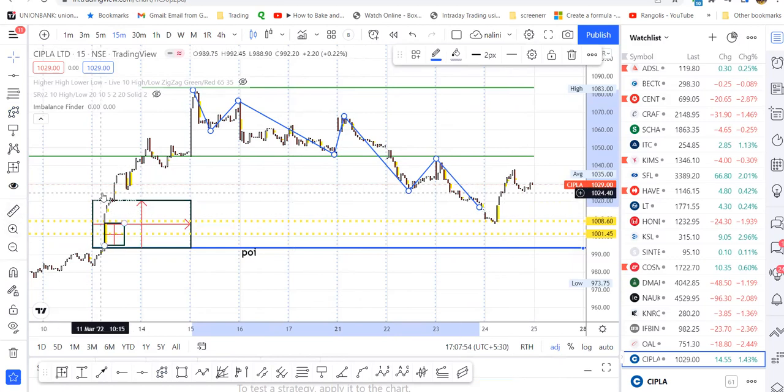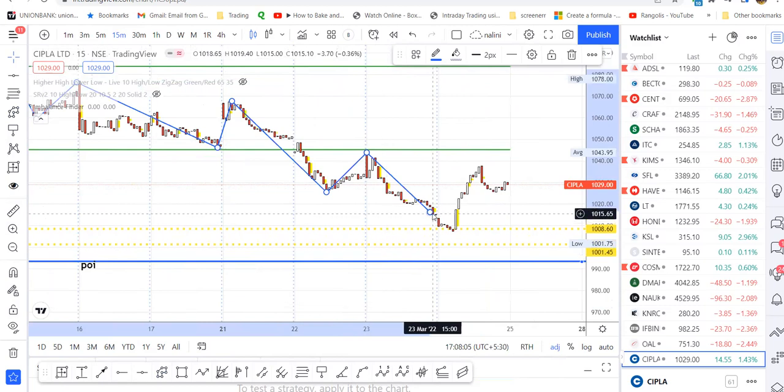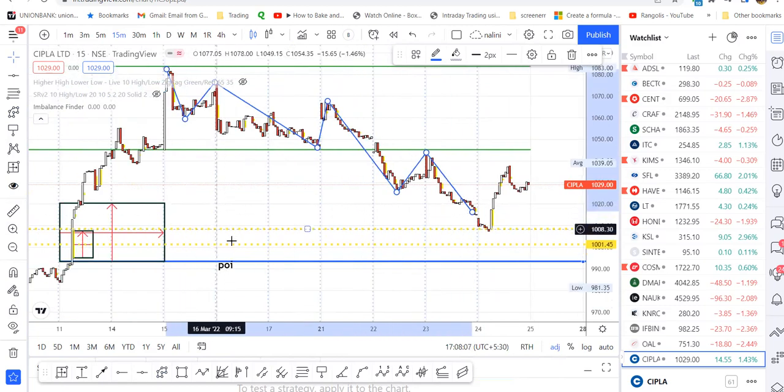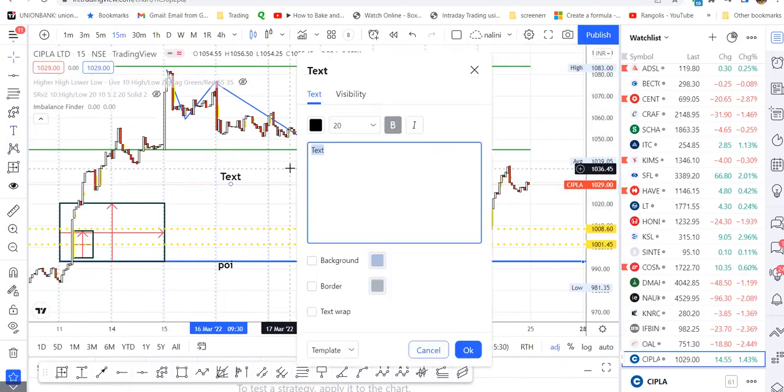So this was the structure. This is the price action which has taken place today. And you mark the structure. First, point of interest. Second, mark the structure.